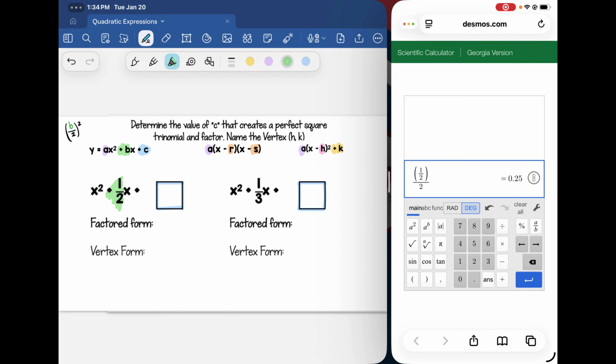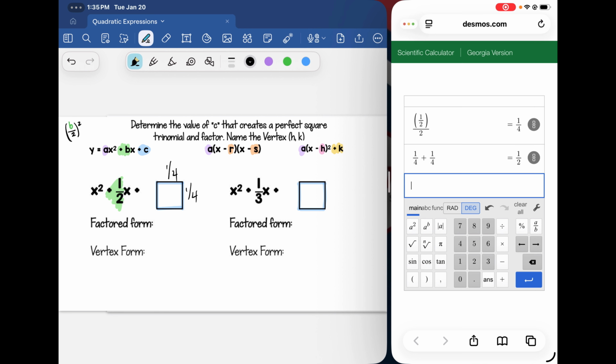But I want to keep it as a fraction now, so I'm going to toggle this fraction button. That means this side will be 1/4 and this side will be 1/4, because 1 divided by 4 plus 1 divided by 4 gives me, boom, 1/2.